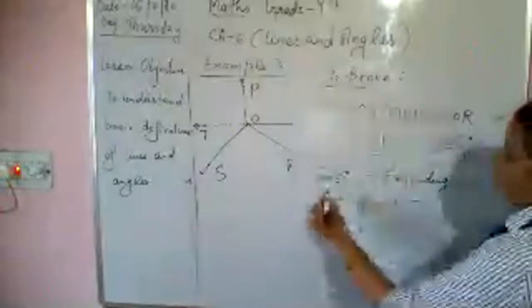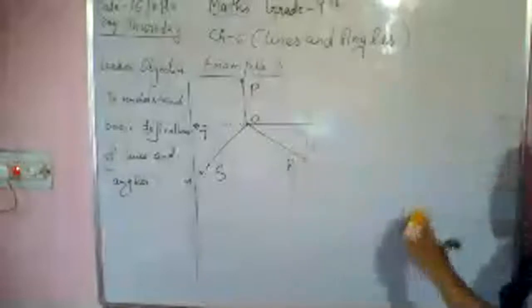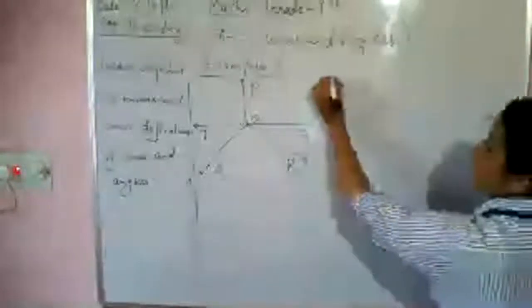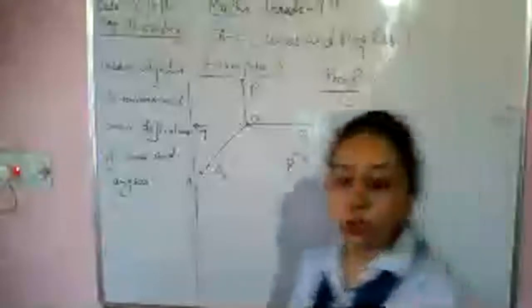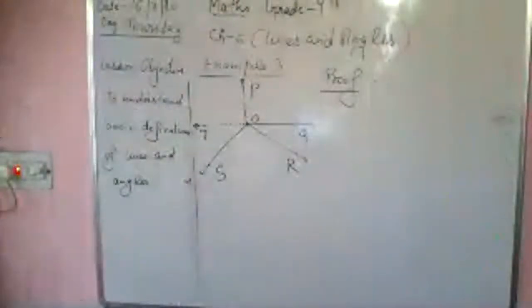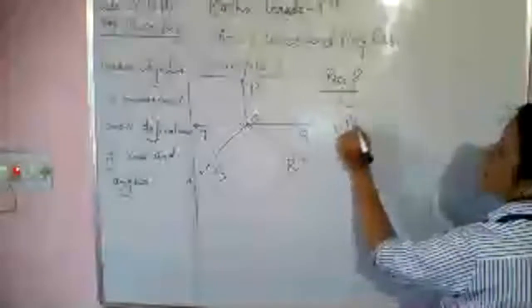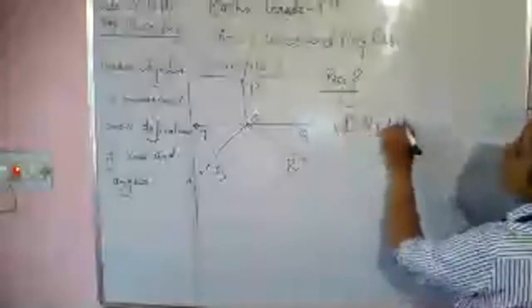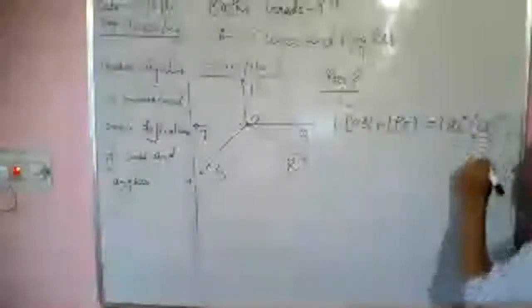Okay, this is to prove, this is the construction. So after that I'll start the proof. Now TOQ becomes a straight line. So you will write angle POQ plus angle POT is equal to 180 because of linear pair.